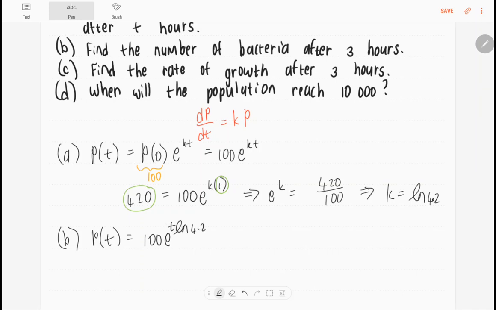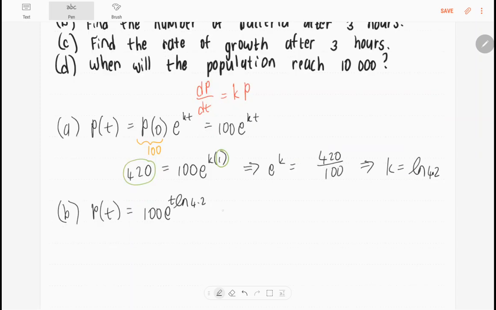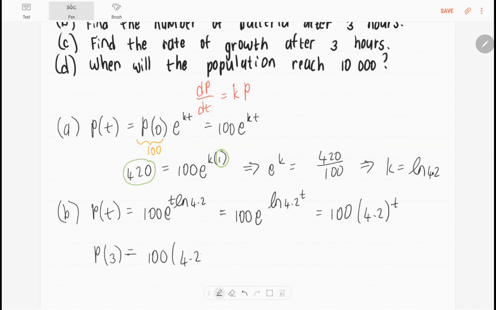I can write that as 100 e to the ln 4.2, all to the power of t, which is then just 100 multiplied by 4.2 to the t. So after 3 hours I have P3 equals 100 times 4.2 cubed.